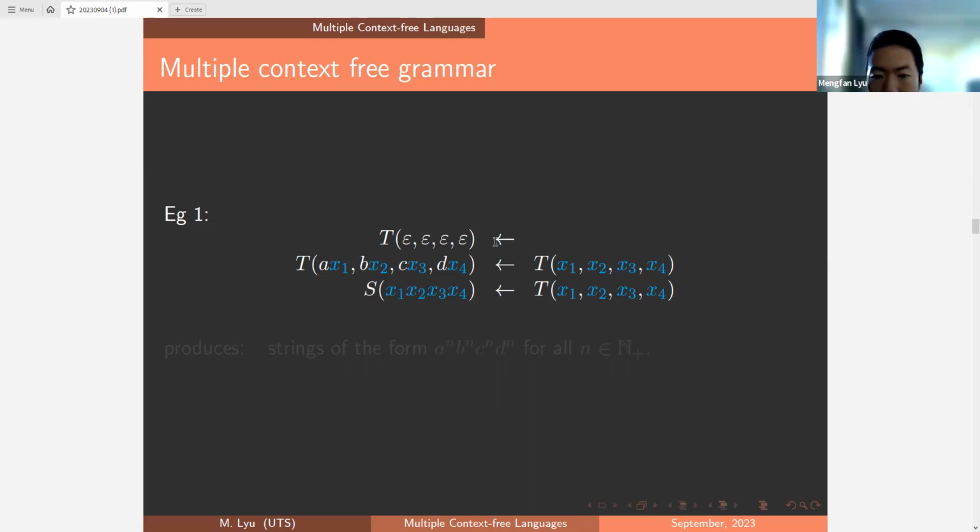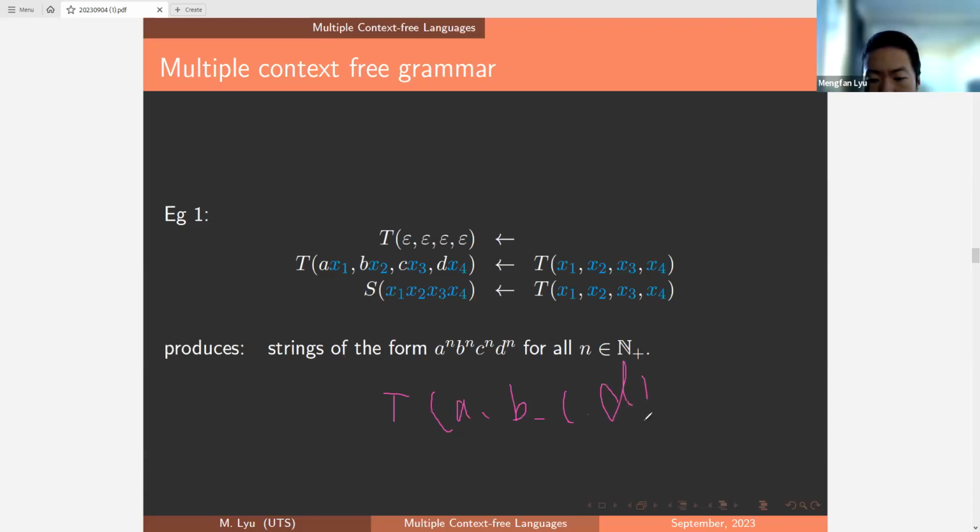So using this rule, we will produce this language. Say we start from nothing, and using the second rule, we can get T. If we use the second rule once, we can get T of a, b, c, d.